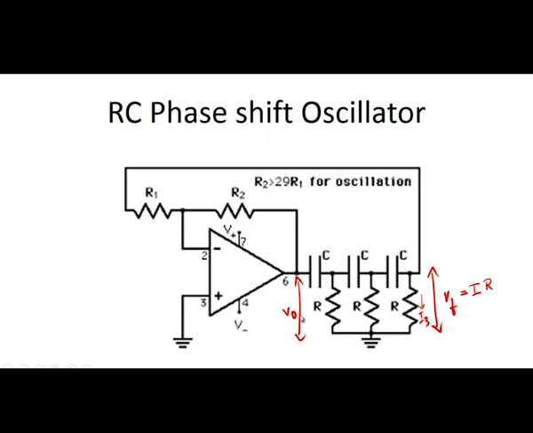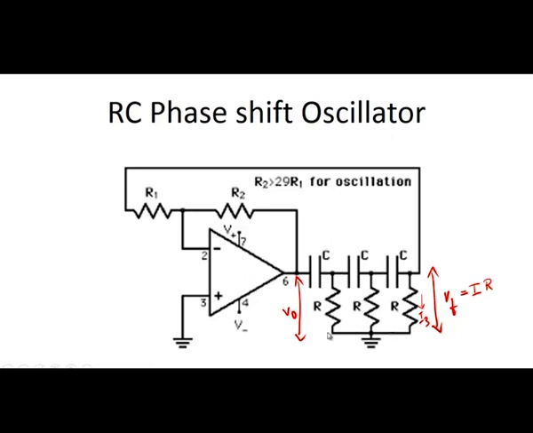So, I am redrawing this circuit to calculate the I3 current. If we calculate I3, we can calculate Vf. Vf is the voltage fed back to the negative terminal, and if we calculate Vf, finally we can calculate the frequency of oscillation as well as the gain of the amplifier, and beta is the gain of the feedback network.